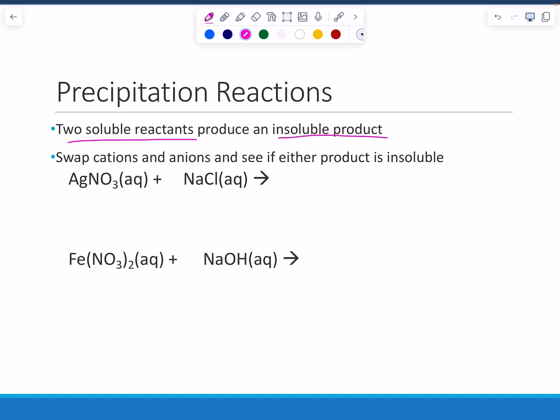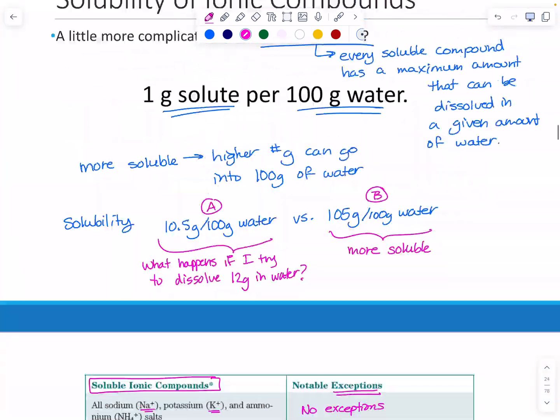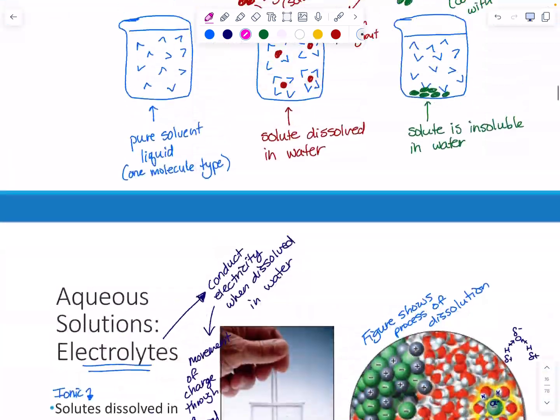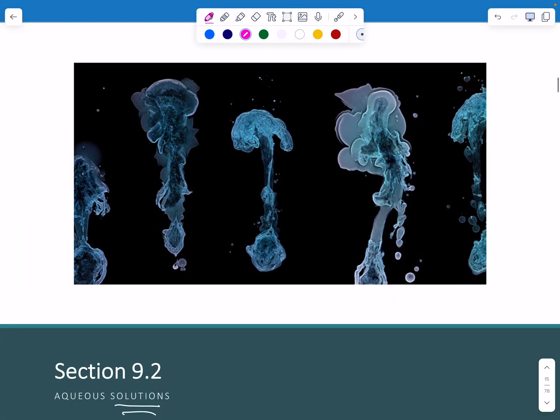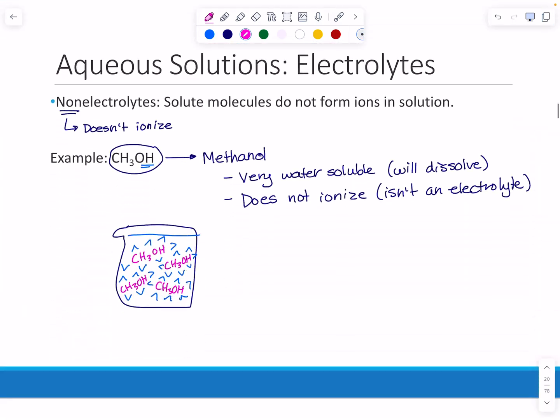The thing that you see on this slide is cloudiness forming in the solution. You see precipitation, something no longer being soluble.